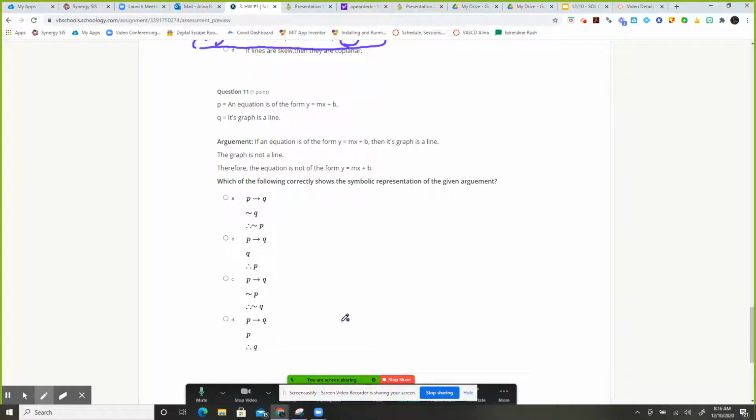What about 11? Oh my gosh, there's a ton of logic on this. P is y equals mx plus b, and Q is the graph is a line. So what is this, if an equation is of the form y equals mx plus b? Is that P or Q? That's P. Then the graph is a line, that's Q. Then the graph is not a line, so that's not Q. Therefore, what symbol is therefore?